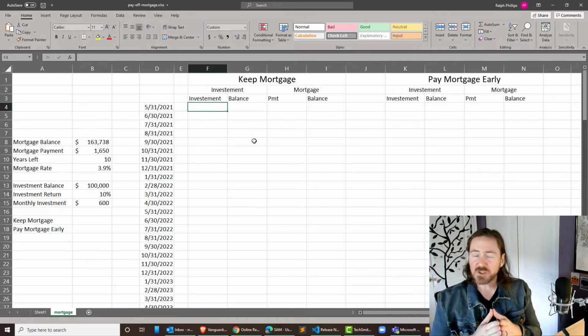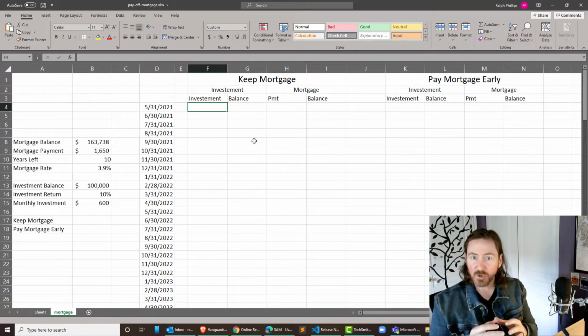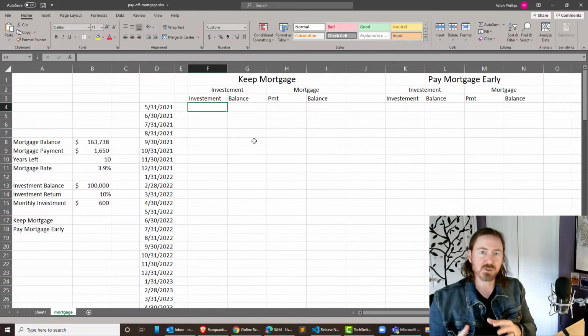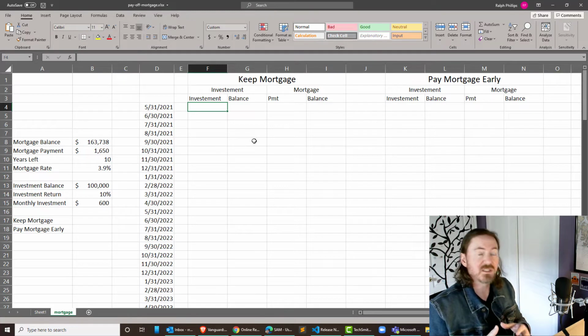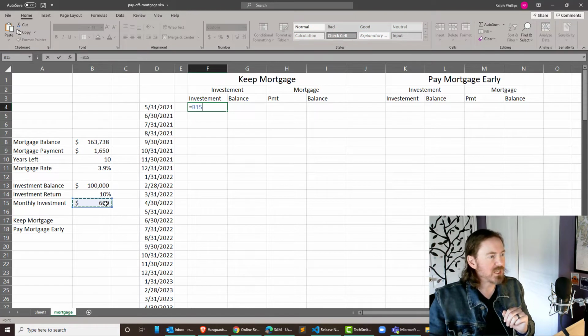Now, this can be a little bit tricky, but what I want to do in this demonstration is get in the habit of writing Excel formulas, especially complicated ones, in kind of a natural language so that we can understand the parts. And then we'll convert those into the cell references so they actually function for Excel. So for our investment, the first investment here is going to be equal to the investment we calculated.